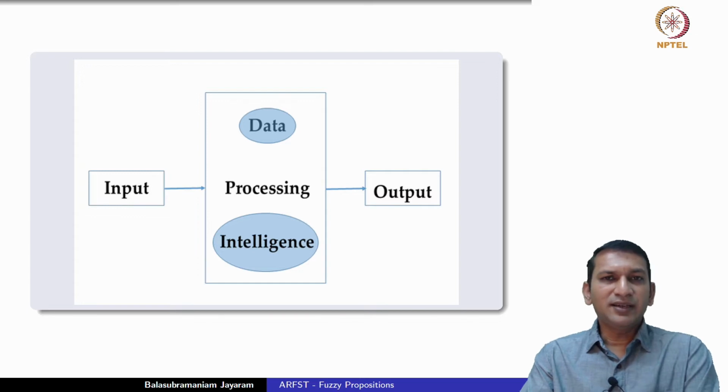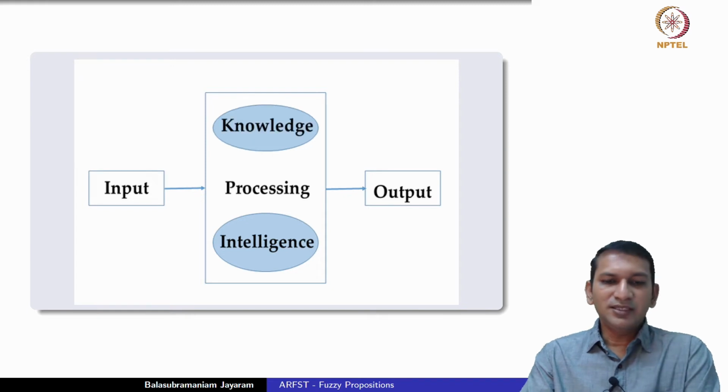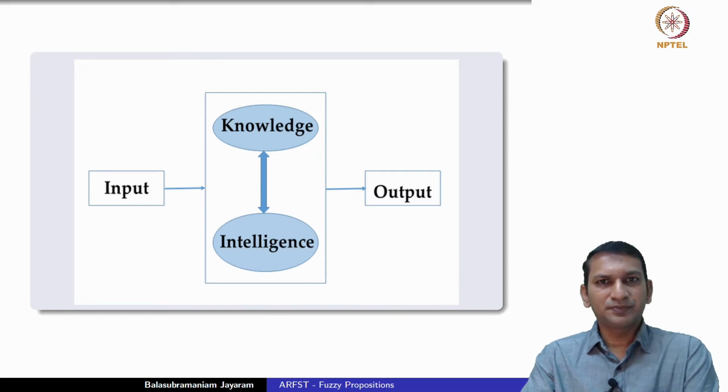Now, data could be some supplementary data that is required for processing the input, or it could also be data about the data, which is metadata. So in that sense, you could say it is also the knowledge. Now, processing means we need to process input using this intelligence, but of course, the intelligence has to talk to the knowledge. It has to interface with the knowledge so as to obtain some meaningful outputs.